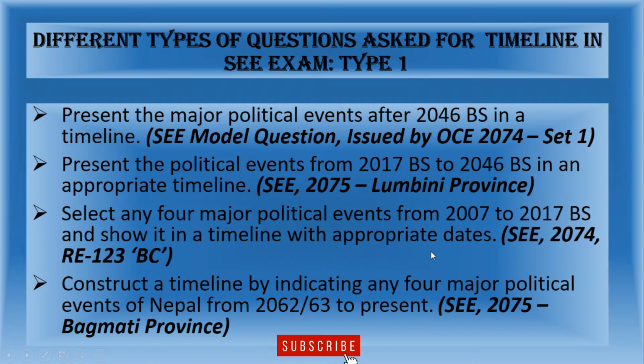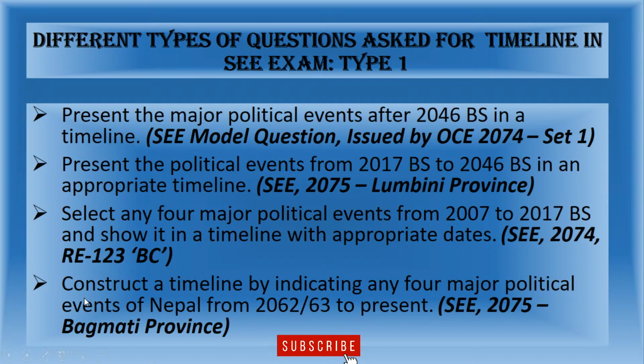It means you have to show the timeline with the full date, like 7th Phagun 2007. But in the other two questions, the question has not specified the full date. So in that case, you can make the timeline using only the year, 2046, 2047, 2048. No need to include the months, or if you want, you can include them. So there is a choice.